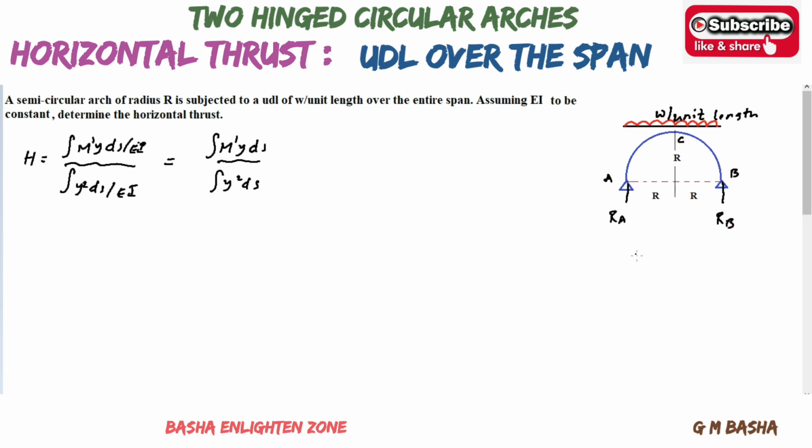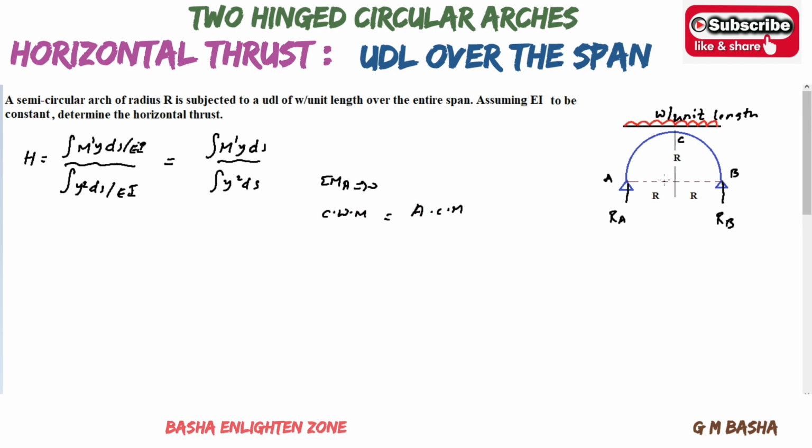So resolve this one. Sigma MA will be equal to 0, means I am resolving the entire moments. Take clockwise moments one side, anti-clockwise moments another side. The clockwise moment is this load into distance. What is the load acting here?